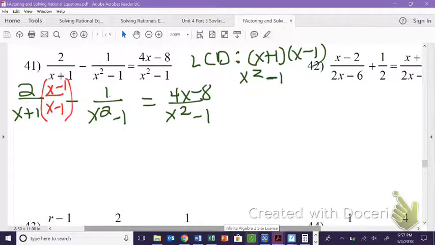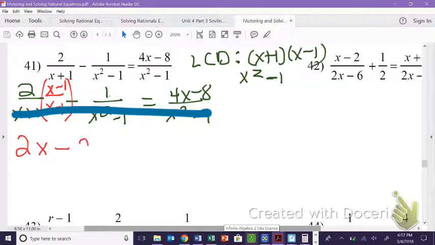And do I have to do anything else? No, that's the only thing you have to do. Once you have that, it matches. So we can eliminate the what, Autumn? Eliminate the denominator. Very good. So this becomes 2x minus 2 minus, what number is that right there?